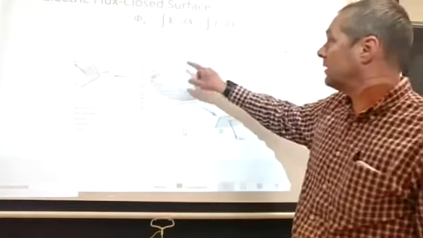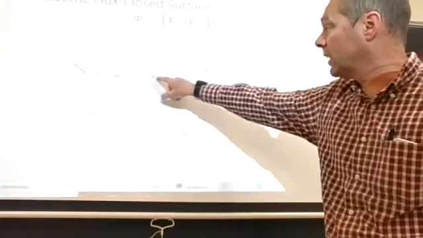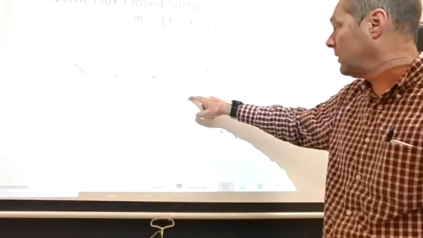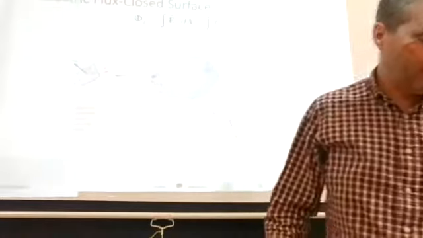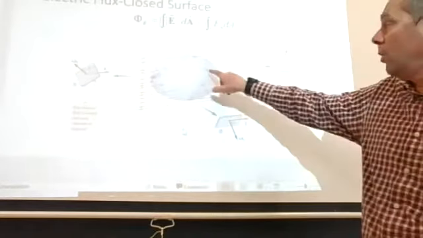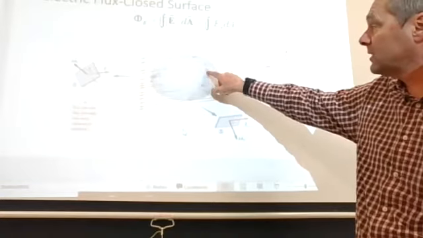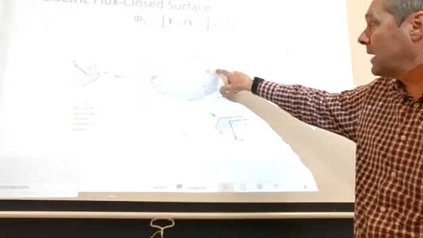And of this electric flux, we have three areas we can look at: area 1, area 2, and area 3. Now at area 1, we've got the field coming out of area 1.